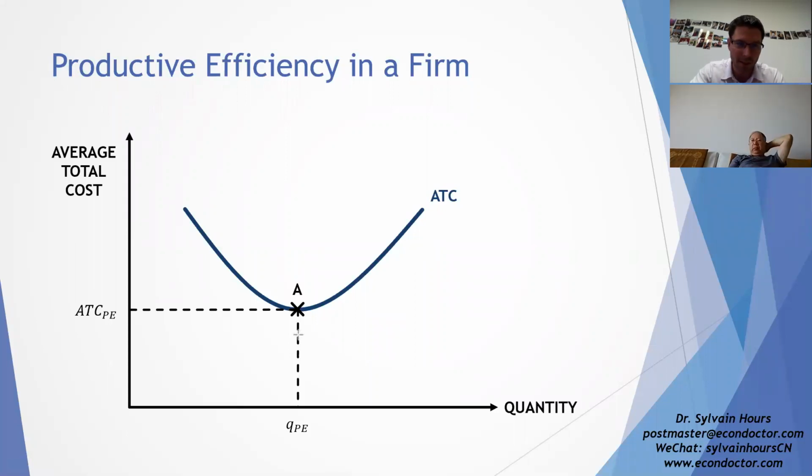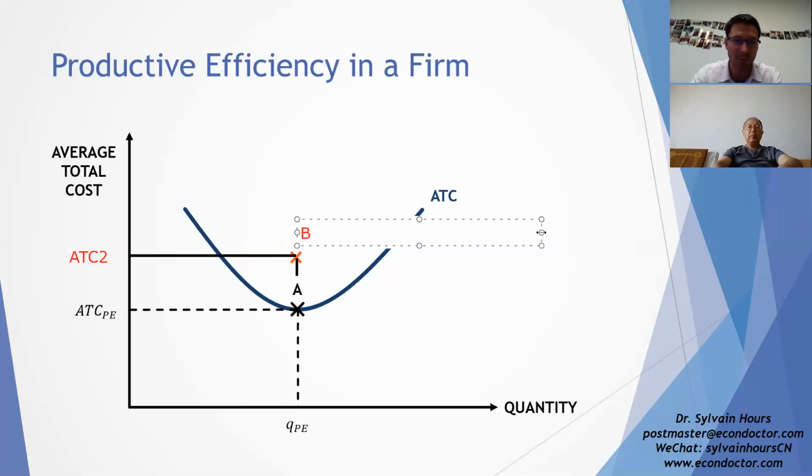It is possible that when a firm produces the level of output QPE, let's call that ATC2, it is possible that the firm will fail to minimize its ATC when producing this particular level of output.